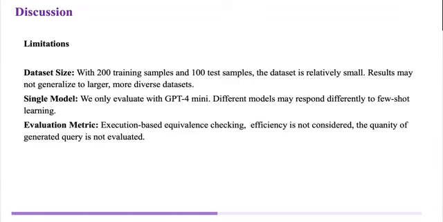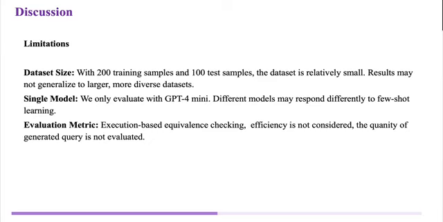So the discussion is about the limitations. The first is the dataset size. We only use 200 training samples and 100 testing samples. The dataset is relatively small. The results might not generalize to larger and more diverse datasets.